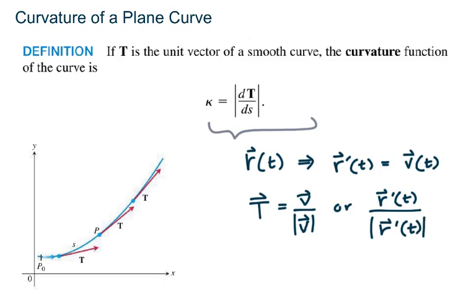And so what we're doing when we start thinking about curvature is we're looking at indicating the direction of the curve, right? The curvature is telling us, at some point, how rapidly the direction of my unit tangent vector is changing, which a unit vector is only telling us direction. It has magnitude of 1.